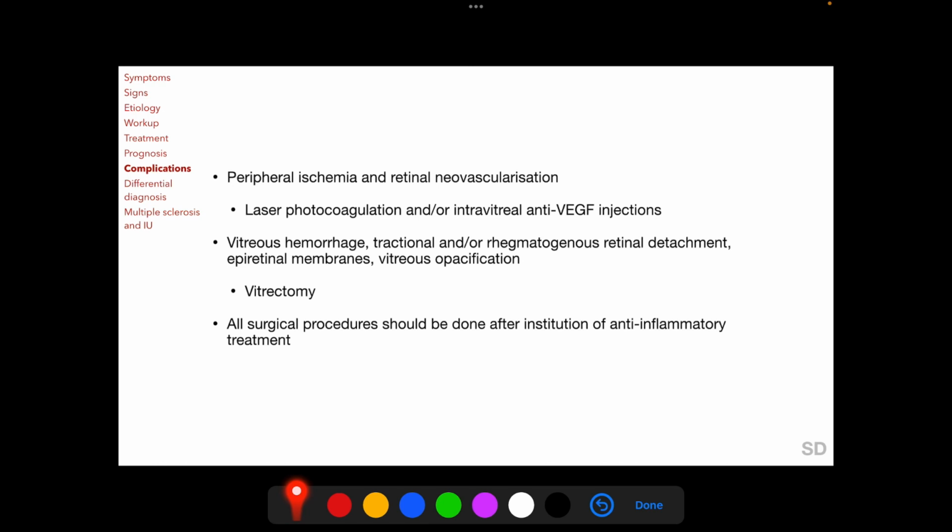Peripheral ischemia and retinal neovascularization can be treated by laser photocoagulation and or intravitreal anti-VEGF injections, and vitrectomy may be required for vitreous hemorrhage, tractional and or rhegmatogenous retinal detachment, epiretinal membranes or vitreous opacification. All surgical procedures should be done after institution of appropriate and effective anti-inflammatory treatment.